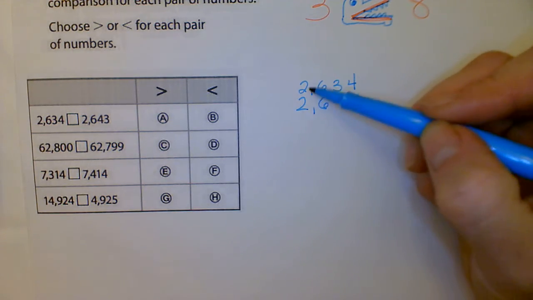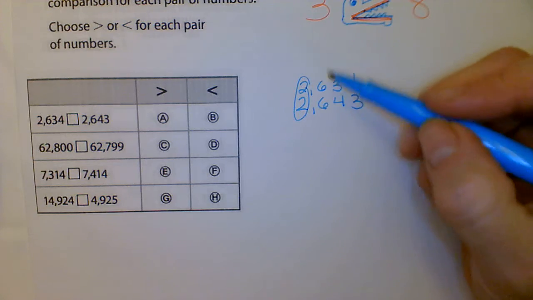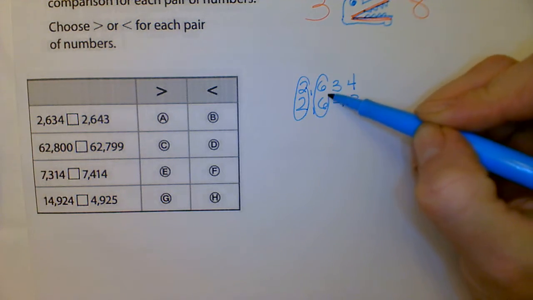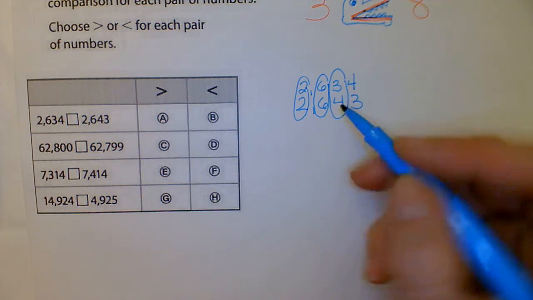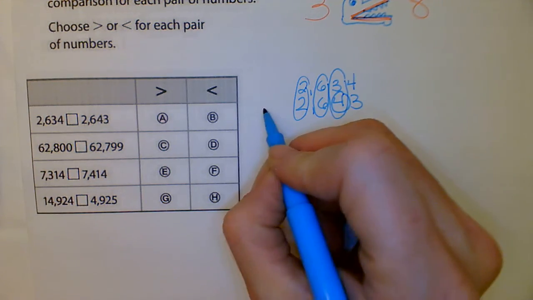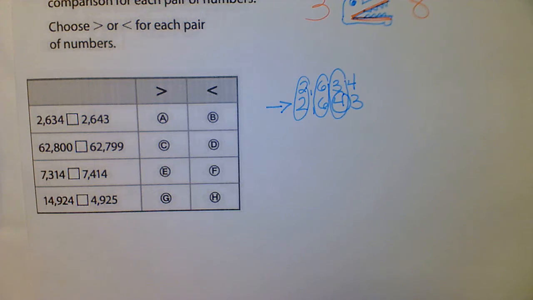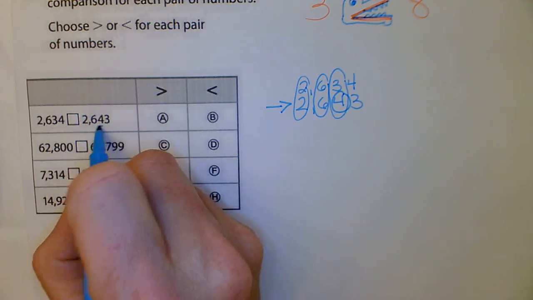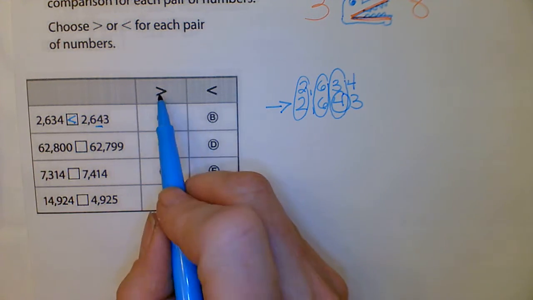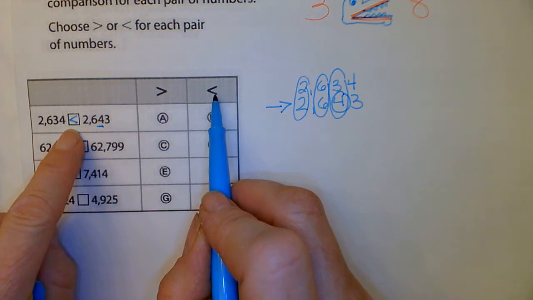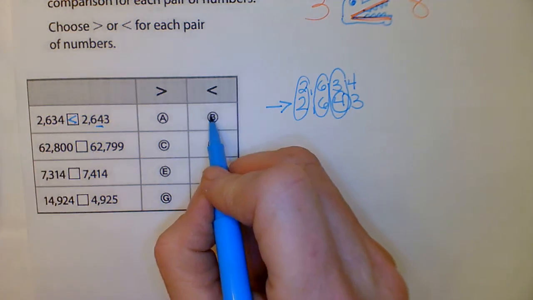Those are the same, that doesn't help me. These are the same, that doesn't help me. But look, when I get here, 4 is bigger, which means this is the larger number. So the alligator wants to eat that number, which means I need to find the symbol that matches. And look, this symbol matches. So I'm going to go ahead and fill in B.